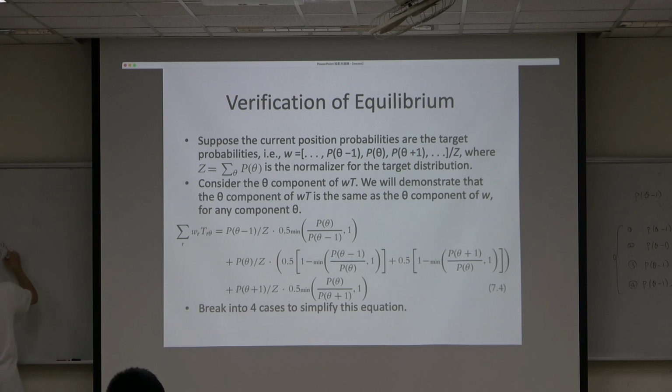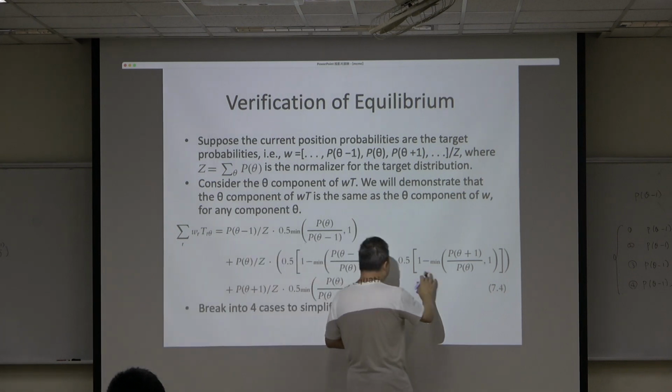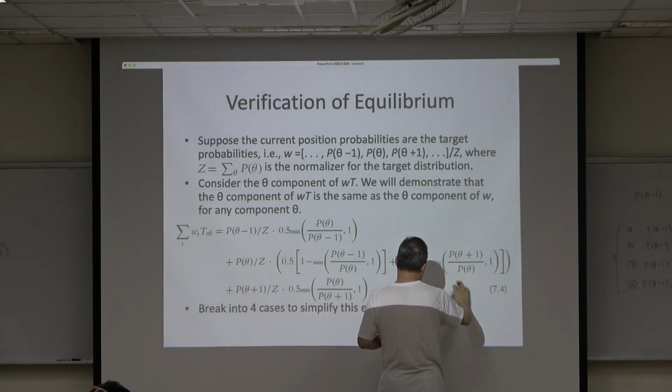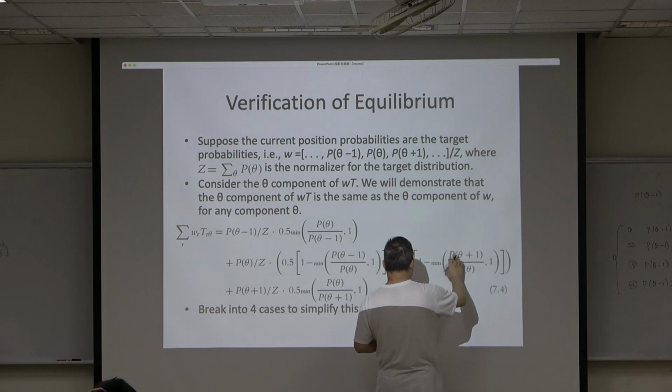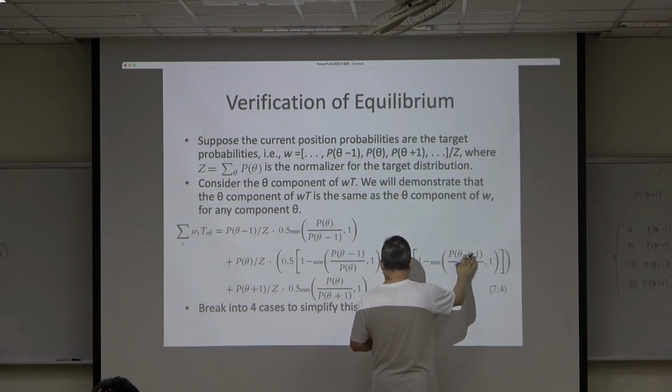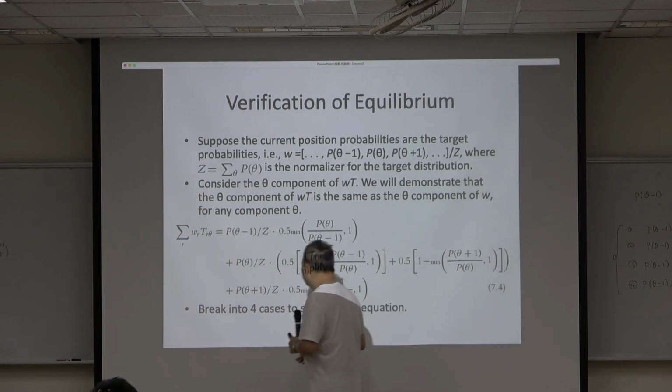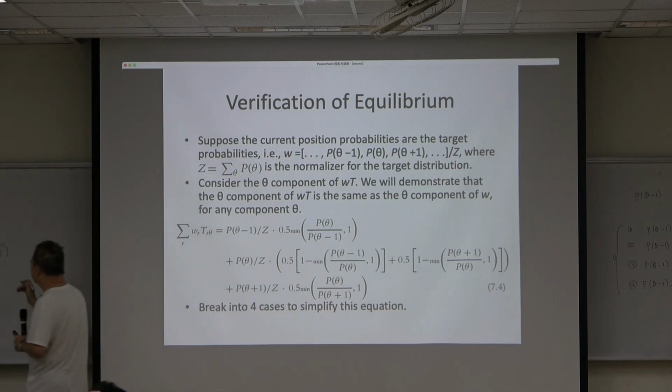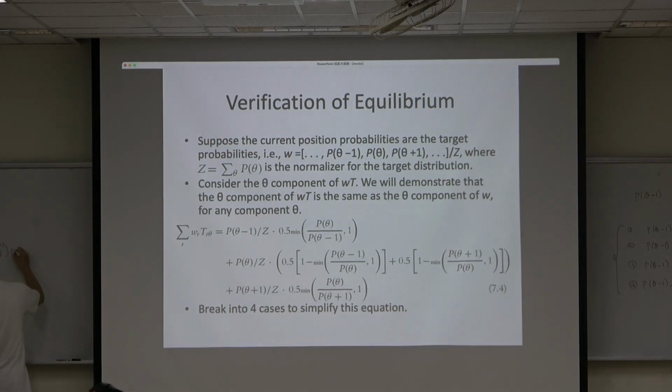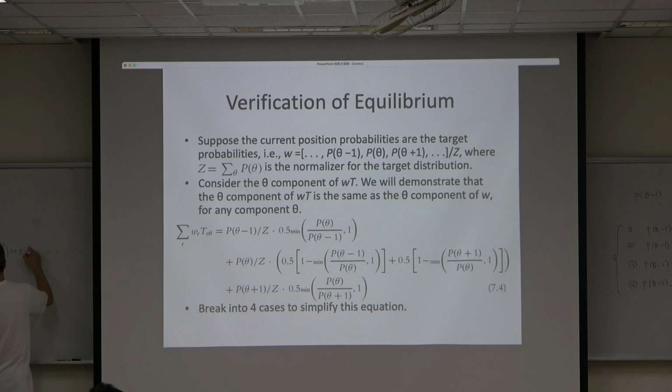So we are going to take this. And then plus, again, this one is going to be a value smaller than 1. So we are going to take this one again as well. So plus 0.5 times 1 minus p theta plus 1.